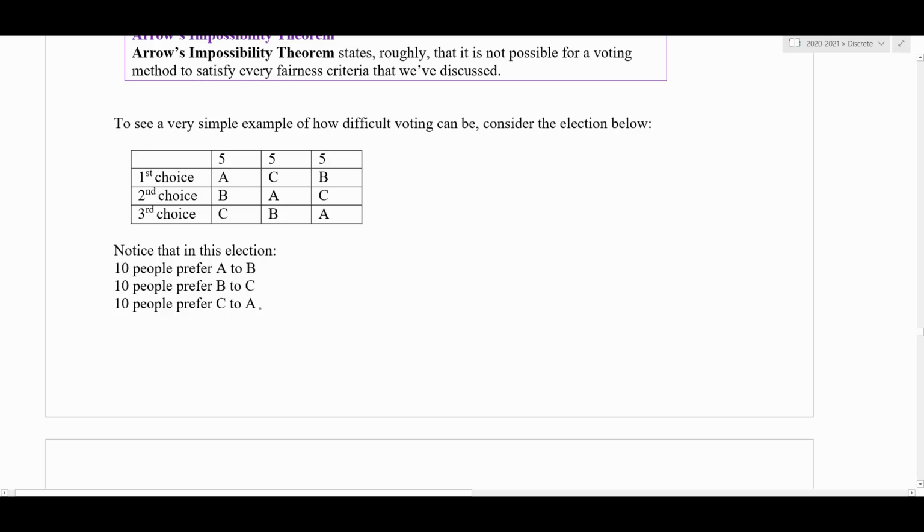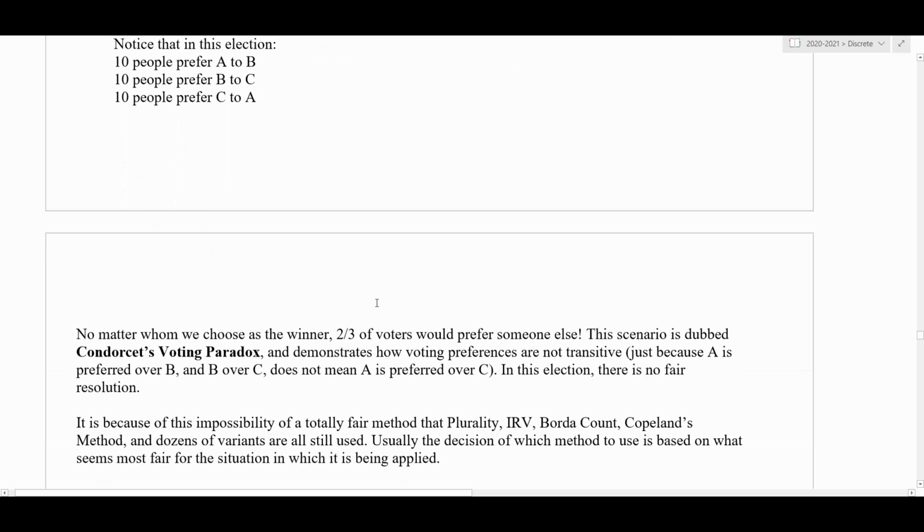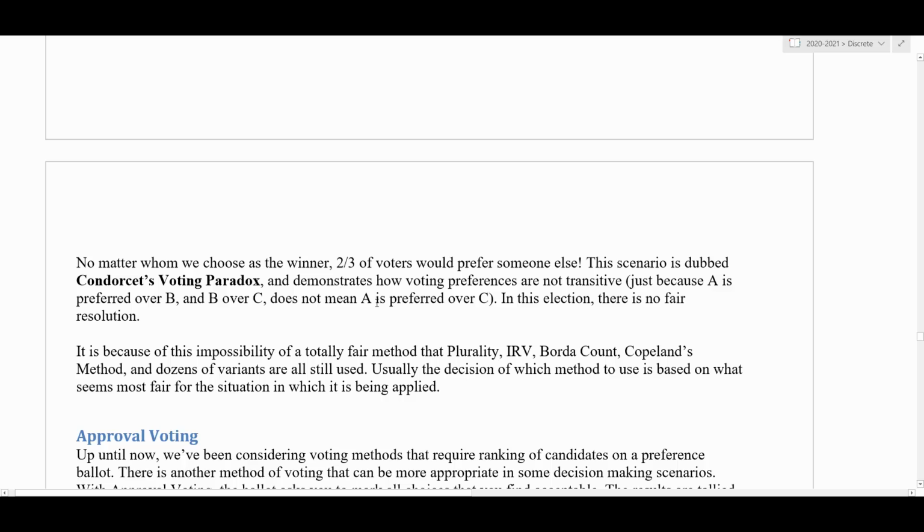What this election illustrates is one of the paradoxes known as Condorcet's voting paradox. At any point in this election, 2/3 of the voters would always prefer somebody else, right? There's no way to get an overall preference from this kind of ballot.